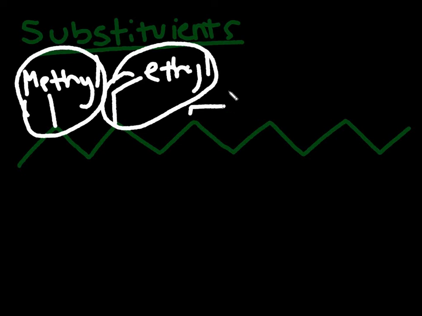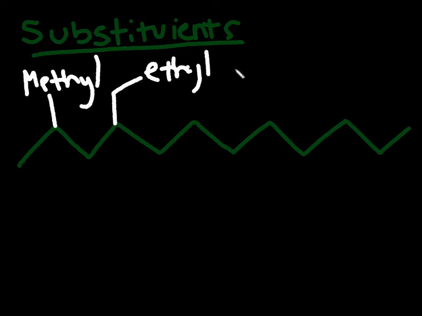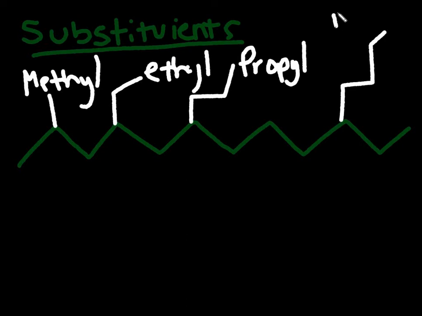This here is called propyl. And then here you have butyl. And as you can see, methyl, here at the end there's only 1 carbon. Ethyl, there'd be 2, because remember ethane has 2 carbons, but since we're using it as a substituent, it will be ethyl.